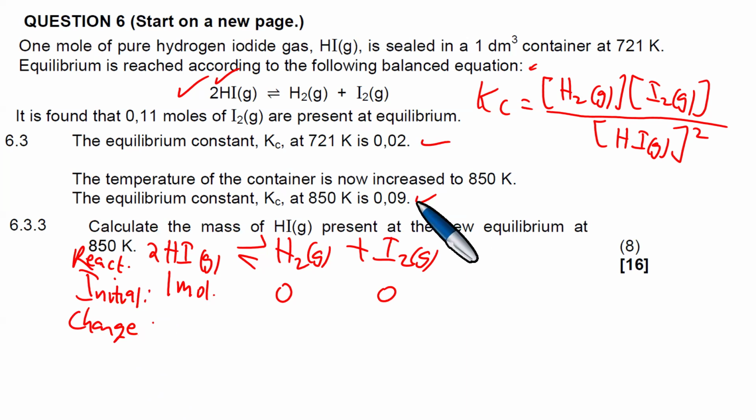But I'm going to mention what happened in the first case. It is found that 0.11 moles of hydrogen iodide are present at equilibrium. We're dealing with 721 Kelvin. So at that temperature, we had 0.11 present.